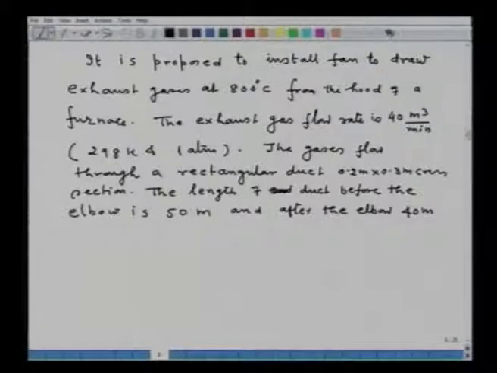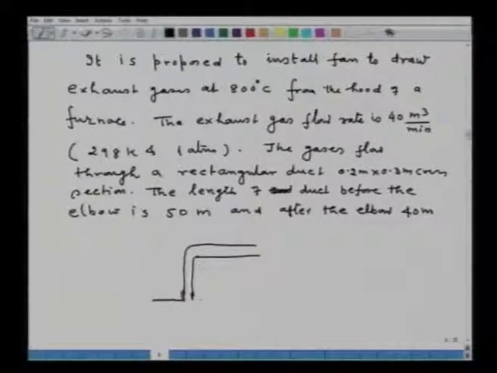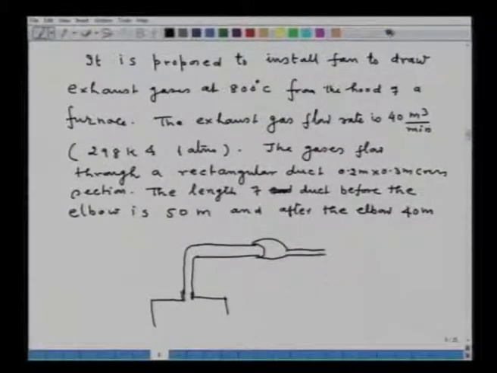Say, for example, this is the rectangular duct. This is where the hood is, and this is the fan. So, from here to here, this is given as 50 meter.